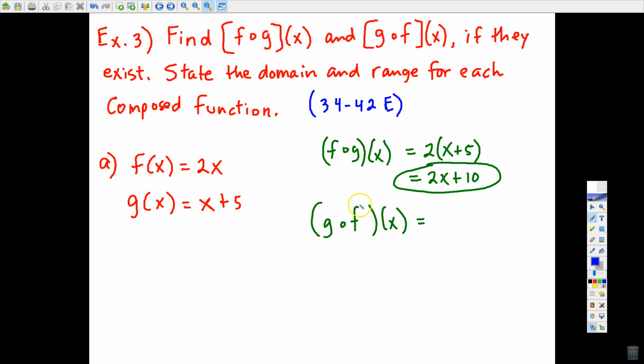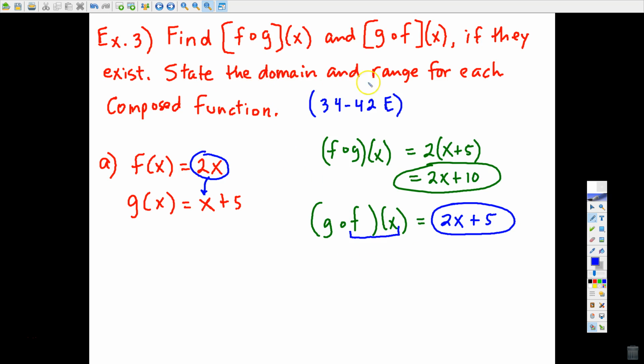Now I'm taking the f function and I'm going to put it in place of x in the g function. So it's pretty simple. We're going to let 2x replace the x in the g function, and there is nothing we can do to simplify this. So g of f of x would be 2x plus 5.